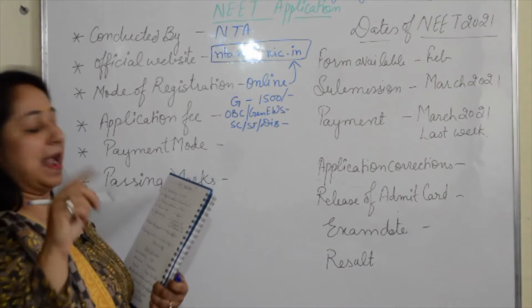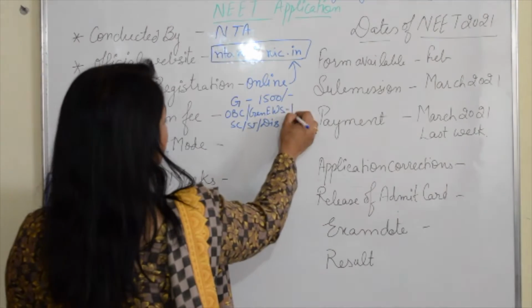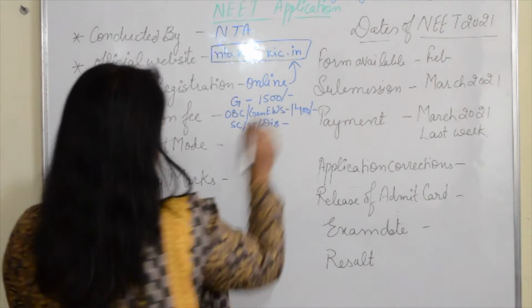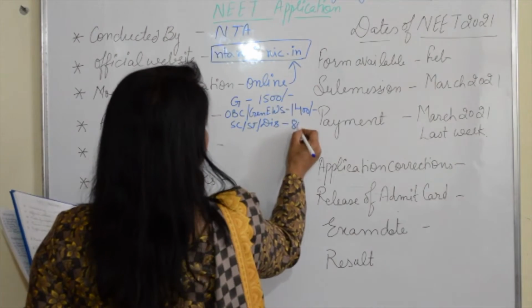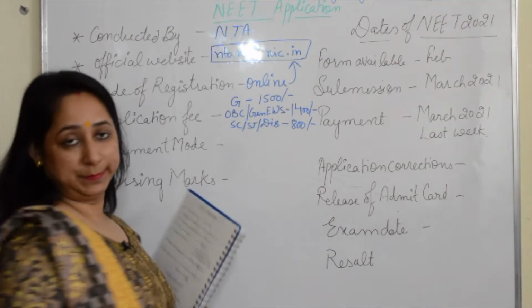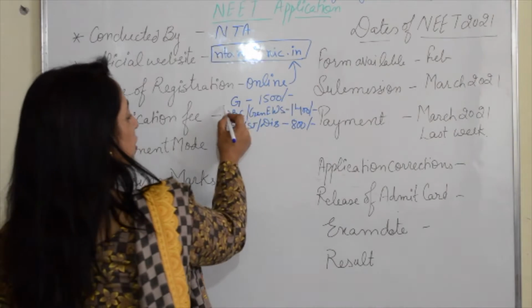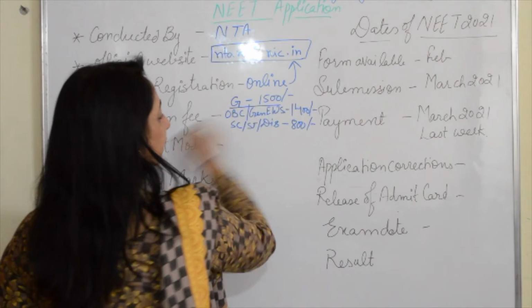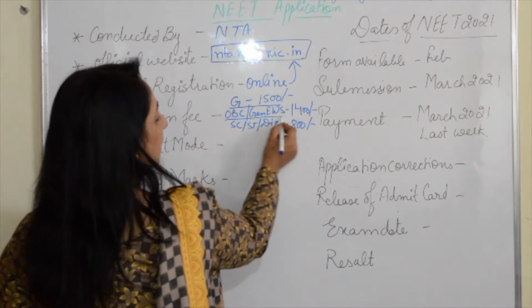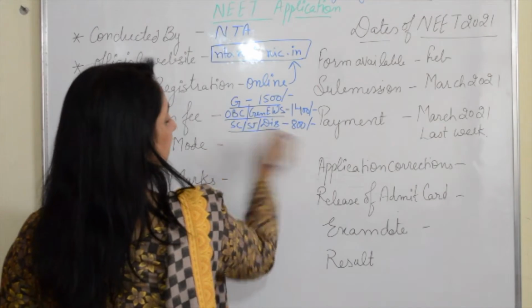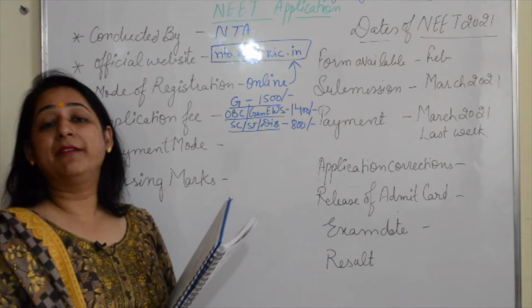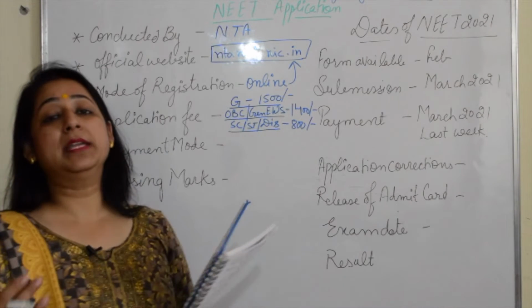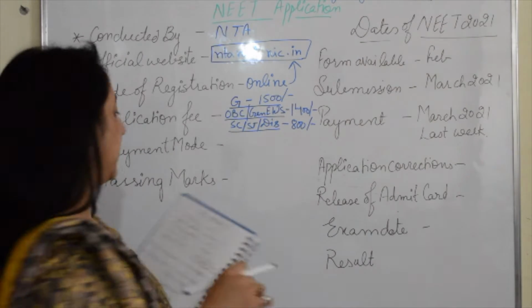For OBC and EWS candidates, it's 1400. And for SC, ST and disabled, it is 800 rupees. So these are the fee charges which you have to pay to register for this NEET exam.